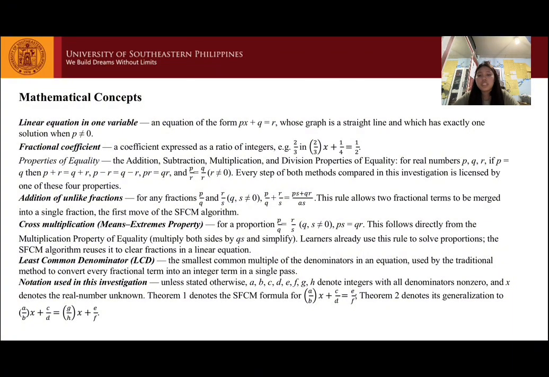Finally, we consider the least common denominator, which is the standard technique used in the traditional method to eliminate fractions. Although both methods rely on the same mathematical principles, they differ in how they remove the fractions. The traditional method uses the LCD, while the SFCM algorithm combines fractions first and then applies cross multiplication.